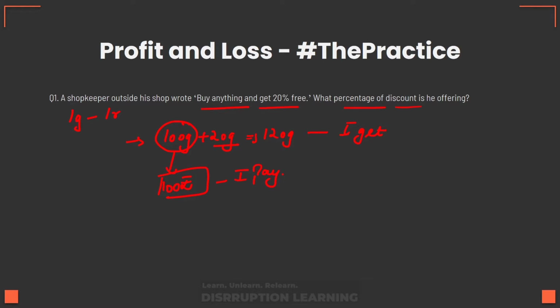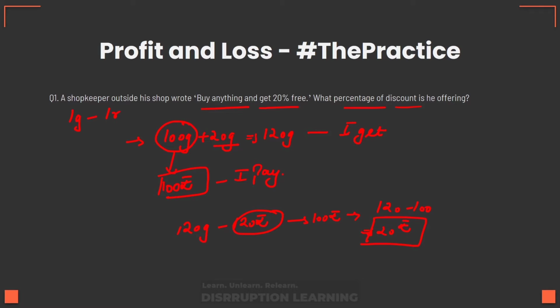However, for 120 grams, I should have been paying 120 rupees, but I paid 100 rupees. So the discount that I get is 120 minus 100, which is 20 rupees.